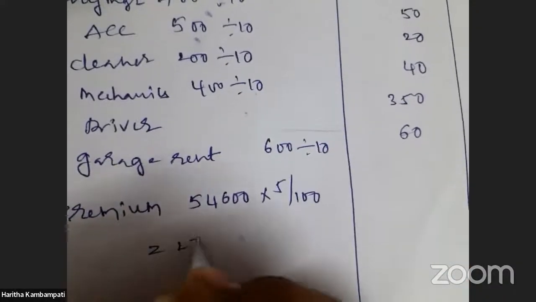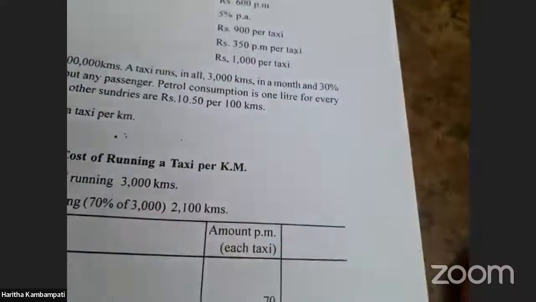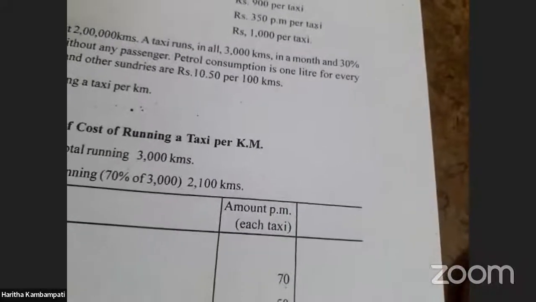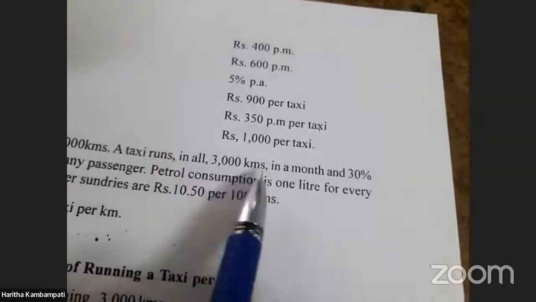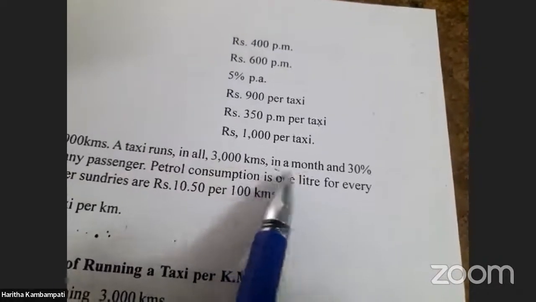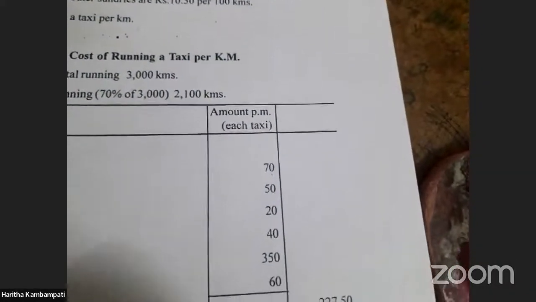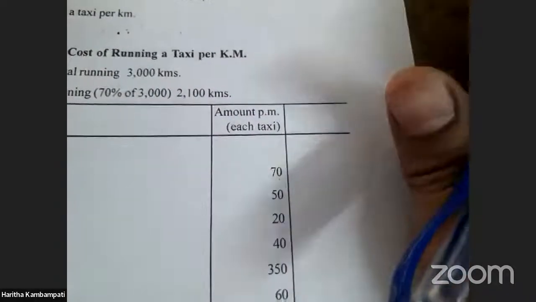So that is equal to 2,730. It should be multiplied by 12 or divided by 12, depends upon the data. Here he has given the data regarding the month itself. Per month they have given salary, cleaners, mechanics. Okay, that can be converted into year or that can be converted into month, but uniformly.